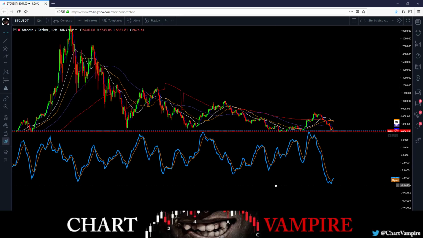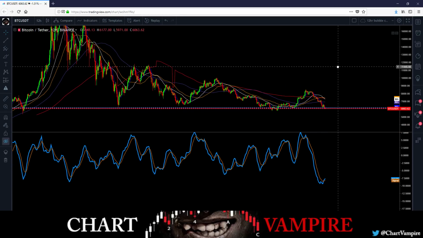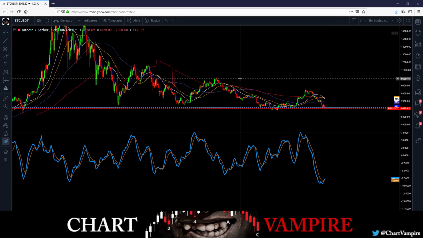Okay. So if we see sideways action right here, this could be a 1,000 point drop on that. So that's not helping us.